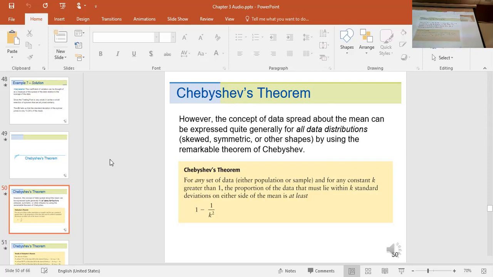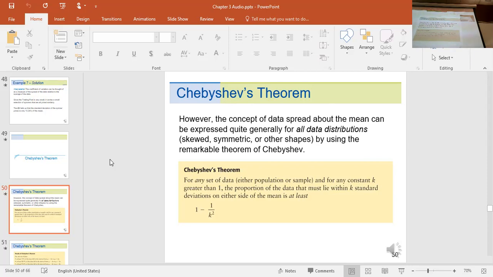So the range of values that are within K standard deviations is the mean, it could be mu instead of x bar. I'm not always going to be putting both. If it is population instead of x bar, we will use mu.